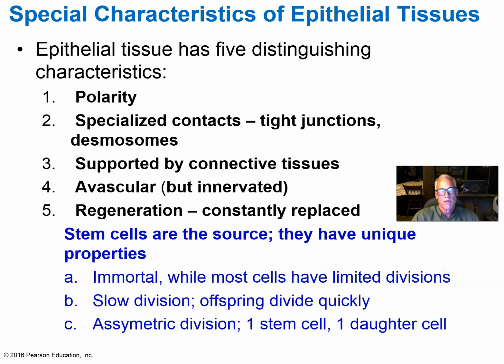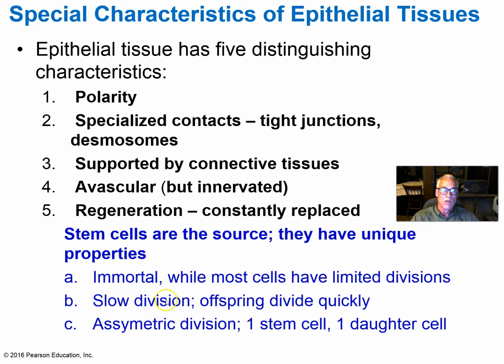That means they can, say, divide maybe 50 times, and they essentially have a built-in timer, and after that they can't divide anymore. But stem cells can divide indefinitely, so they can continue throughout your life to act as a source for all those new epithelial cells to replace those that are lost, or some epithelia just continue to rebuild themselves and replace themselves.